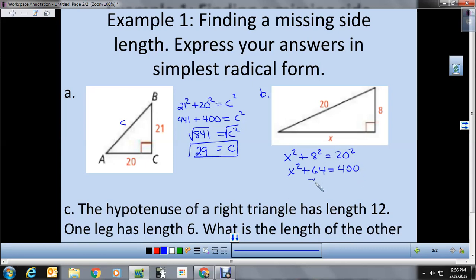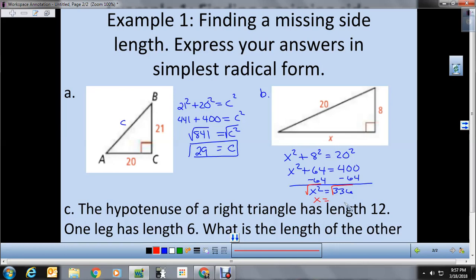We'll now subtract 64. x squared is equal to 336. Now we'll take the square root of both sides.